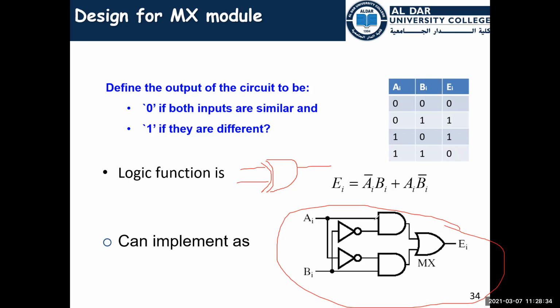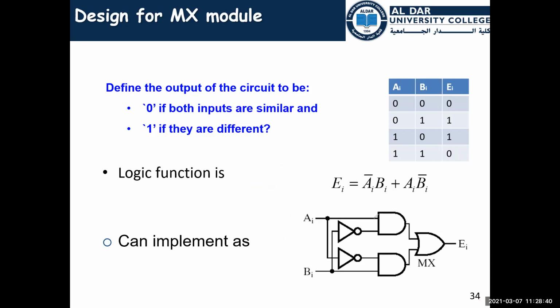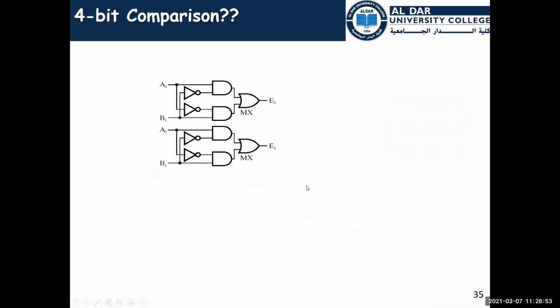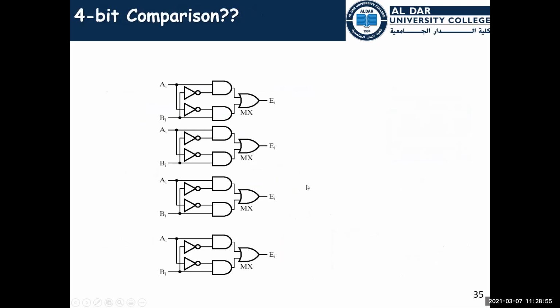We can convert to all NAND, all NOR as we like. This is an XOR circuit. This is a simplification or representation of an XOR circuit. Now we have the first drawing of the first circuit. We can repeat that 4 times.